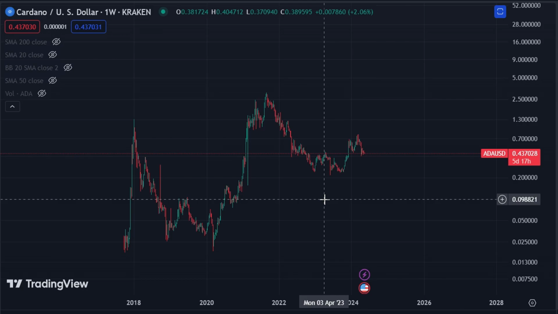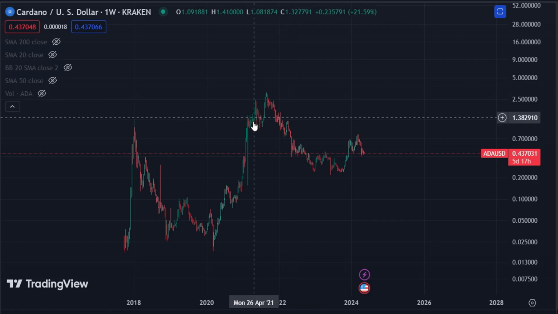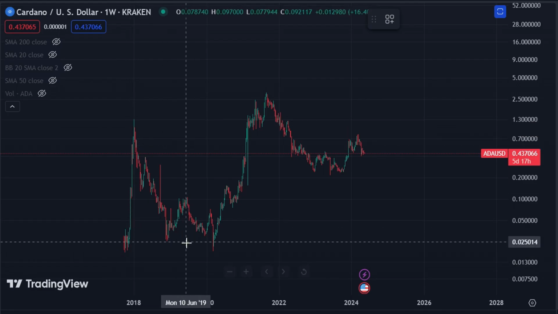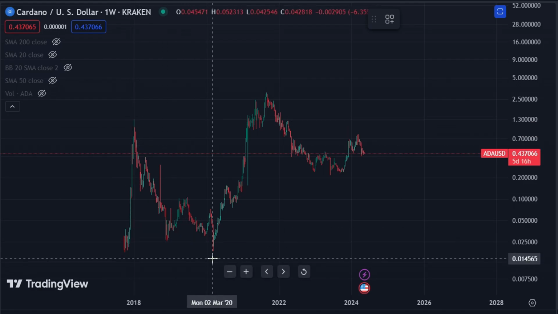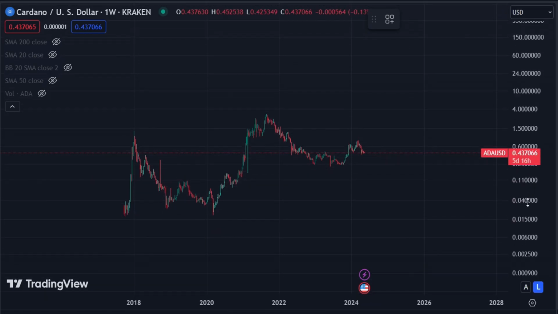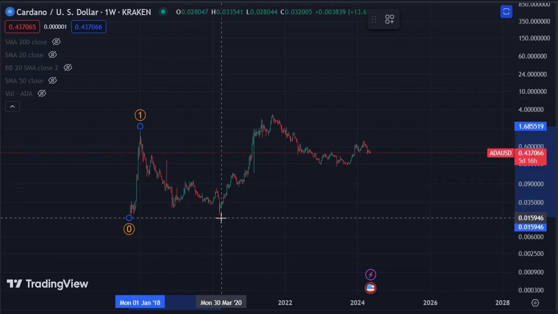So starting off, we are looking at the logarithmic weekly chart on Kraken. Now you can see here that we have our first 1-2, and now we're in this larger wave 3. So essentially we have something like this.